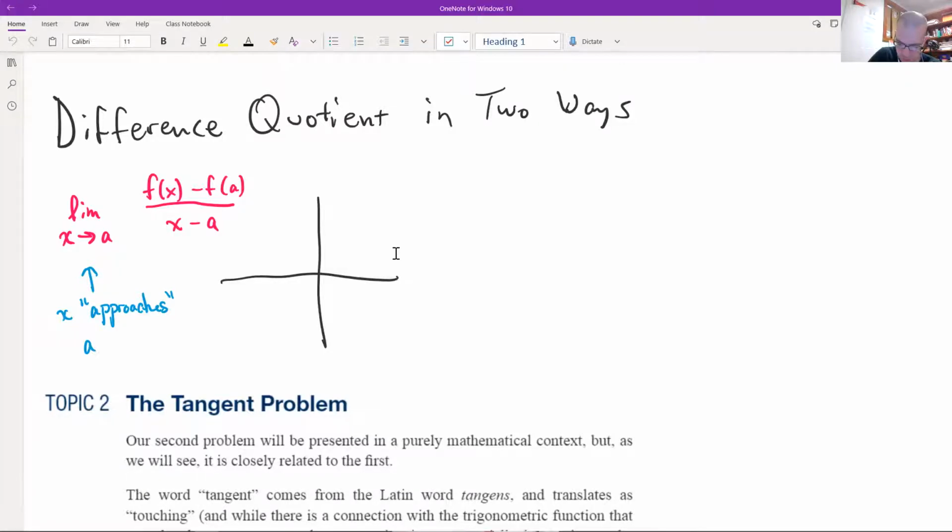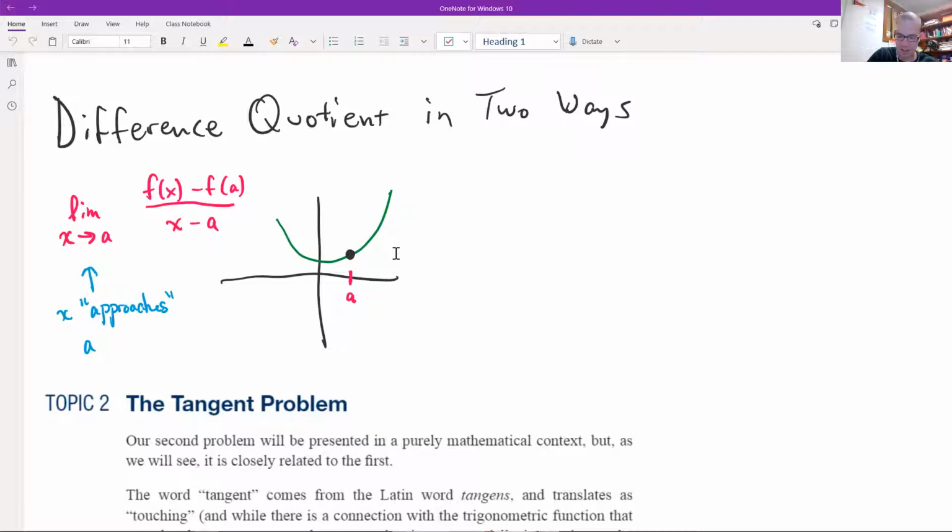We could have some kind of curve here. And the idea is we've got some x value a, and that's where our important point is. That's the one we're trying to estimate.